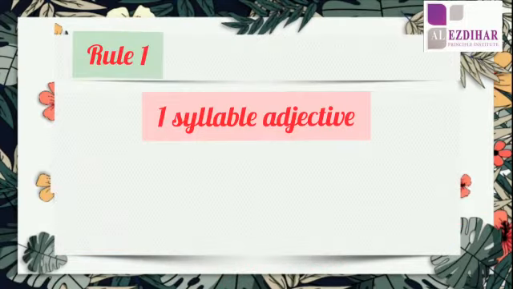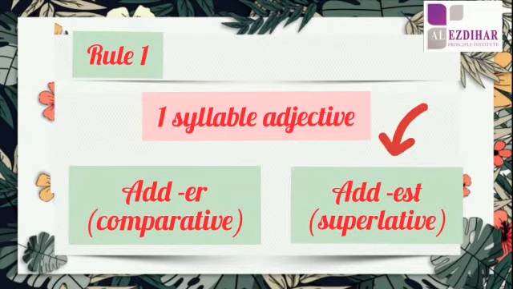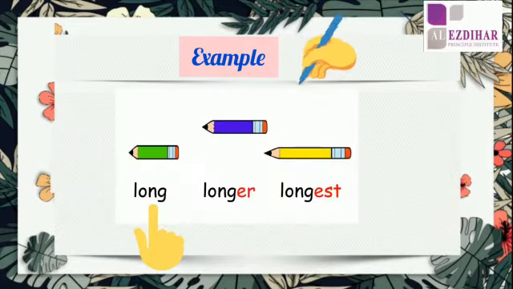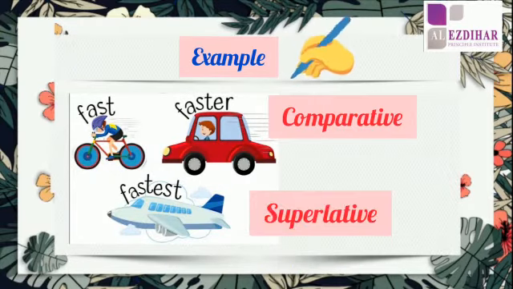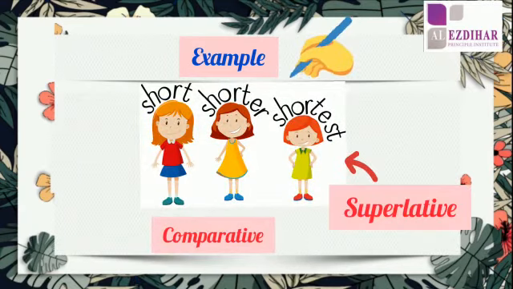For one-syllable adjective, ER is added at the end to make it comparative, and EST is added at the end to make it superlative. Example: old, older, oldest, long, longer, longest, fast, faster, fastest, short, shorter, shortest.